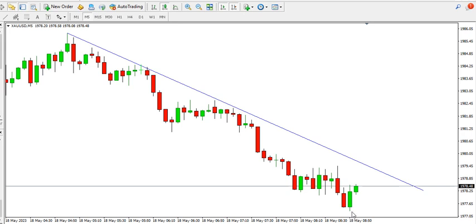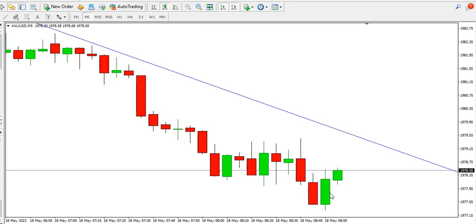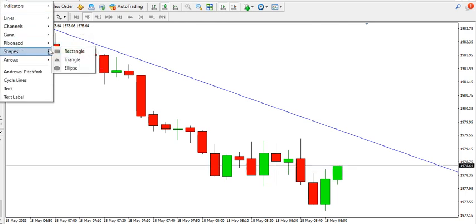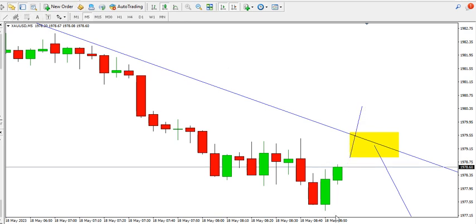Now we are having a minor pullback, but this descending trend line will serve as resistance for price to continue downward. But a break of this descending line might send price to the top.